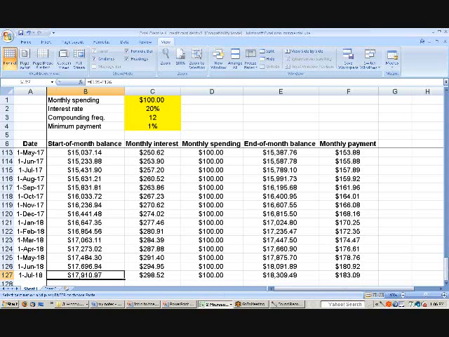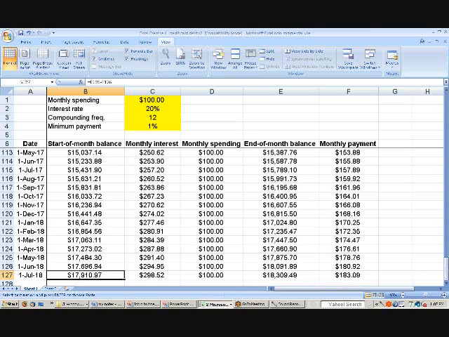So point being, it's really easy to build up a phenomenal amount of credit card debt. One, because credit card companies will generally let you keep spending as long as you're making the minimum payment.